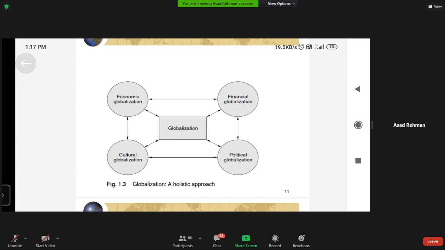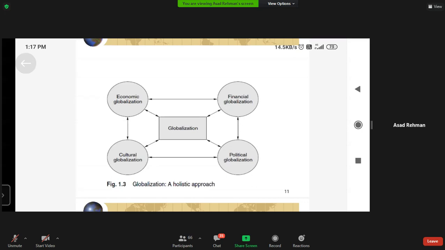It is also about financial deregulation or financial liberalization. Now, if you look at the example of the European Union, around 17 countries adopted a common currency called the euro. So that is also a very important example of financial globalization.